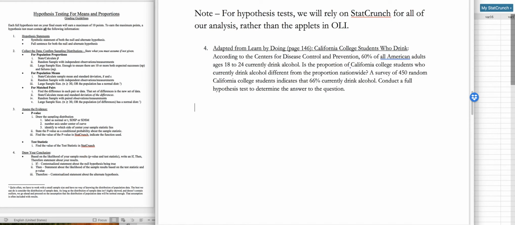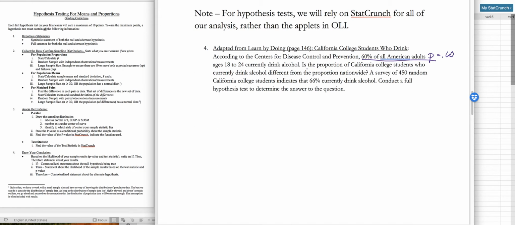According to the Centers for Disease Control and Prevention, 60% of all American adults age 18 to 24 currently drink alcohol. So hopefully you identify that they're talking about a population value here. So this is telling us that our population proportion P is equal to 60% or 0.6.